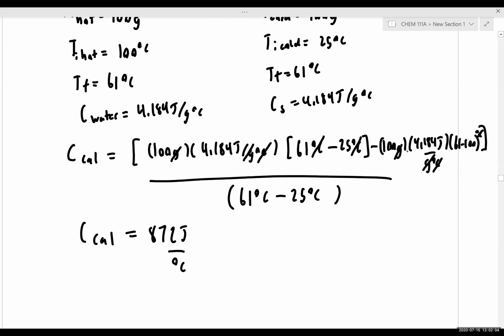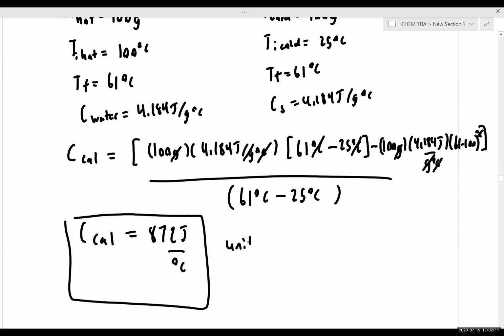We're left with joule per degree Celsius, which is the correct units for heat capacity. So the units are correct. The units really are your guide here, so make sure to check your units.